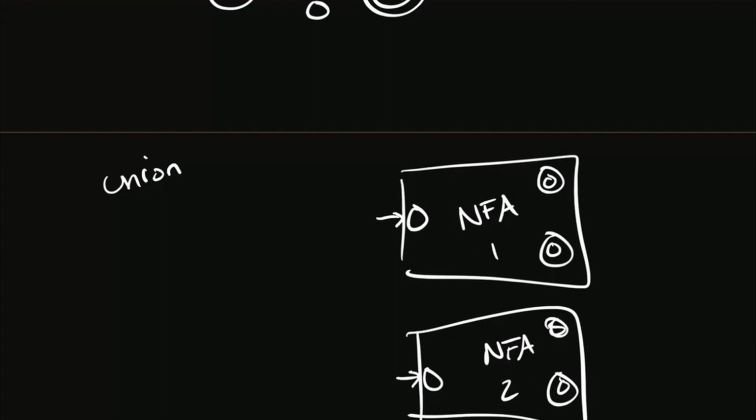Well, couldn't I just guess which of the two pieces it is? Let's try that. So maybe let's make a new start state and then guess our way into the first machine or into the other machine. What is this notion of guess for non-determinism? Epsilon transitions.